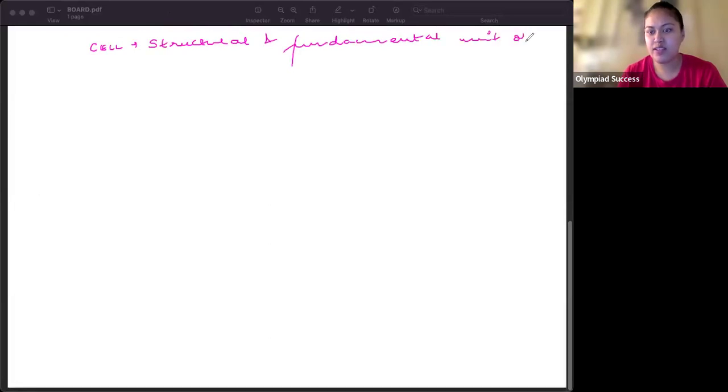Structure wise, this is the most basic or the smallest unit of life. That means you cannot divide the organism lesser than a cell, right?